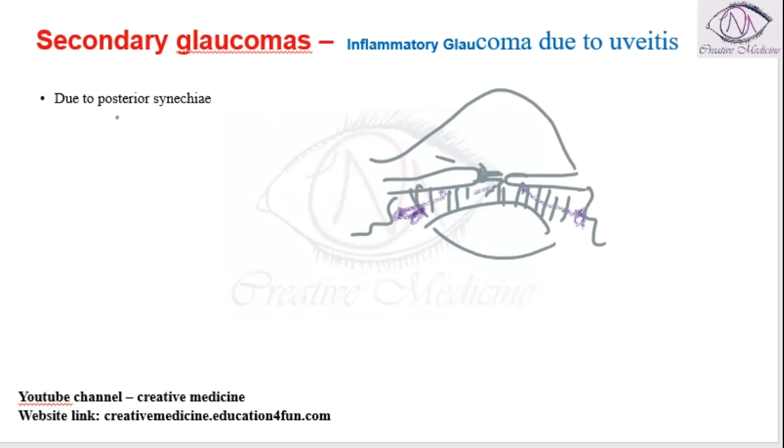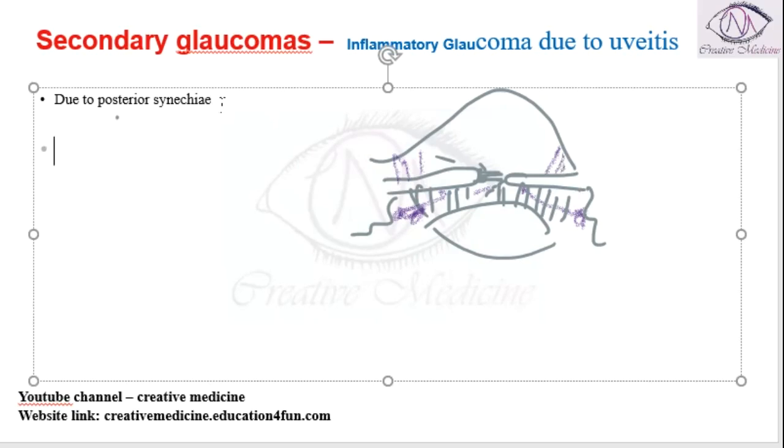Okay, and along with that, synechiae formation is seen even here in the angle also. So because of these posterior synechiae, the patient will develop secondary angle closure glaucoma along with the pupillary block. So this is one type.